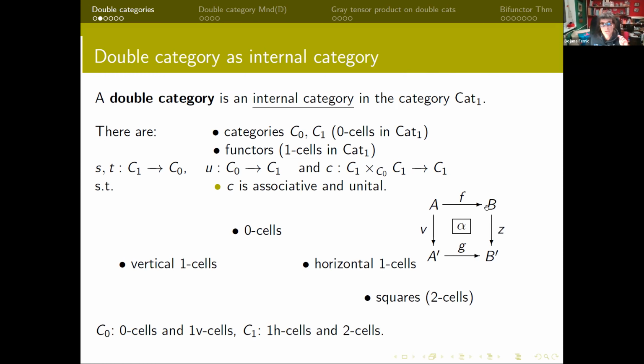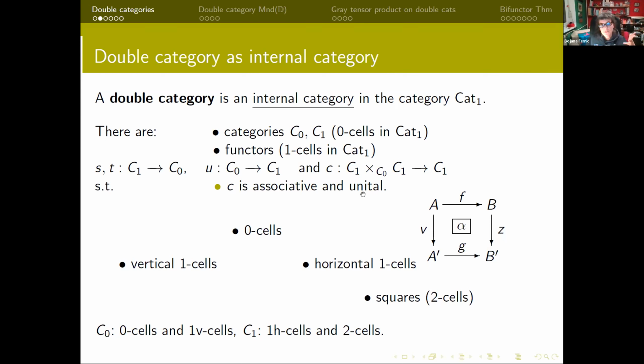And we can see them here. So source and target map from the, so to say, right-hand side category C1 towards the left, C0, giving us, for horizontal maps, domain and codomain, and for the squares, the vertical 1 cells which are the domain and codomain of the 2 cell alpha.